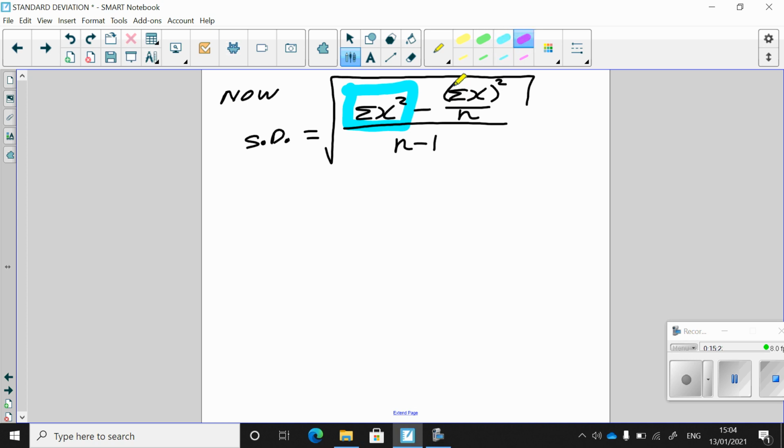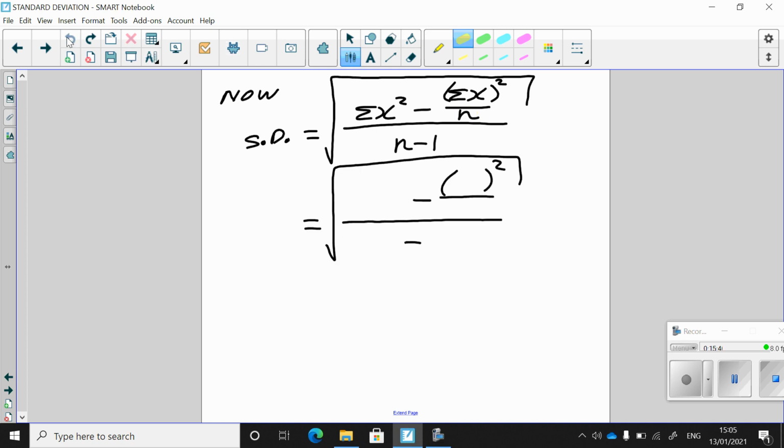And inside the bracket, forget about everything else, the sum of x, I think that was 92. So we'll put them in as well. And the one other thing going on here is you've got an n there, and you've got an n there. For us, that was 10. So I've got rid of those symbols there. We know what they are.